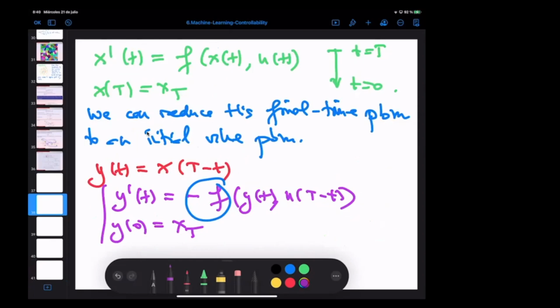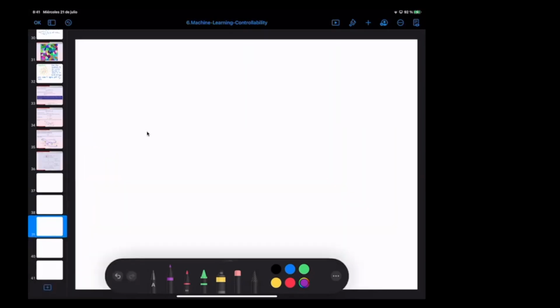Therefore, it's just changing the sign in the time derivative that you can also reflect in changing the sign of the nonlinearity. But if f is globally Lipschitz, then minus f is also globally Lipschitz. So my question is rather, this doesn't change the controllability of the system. Is it true that if the system x prime plus Ax equals Bu is controllable?